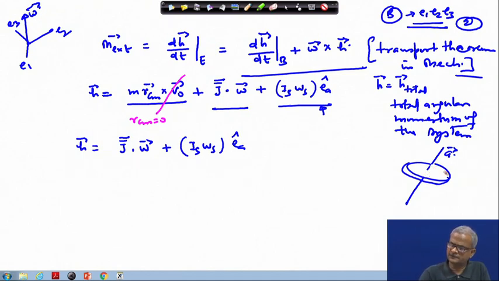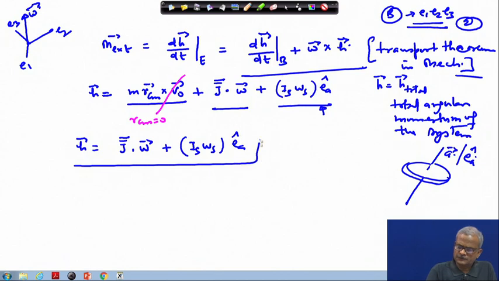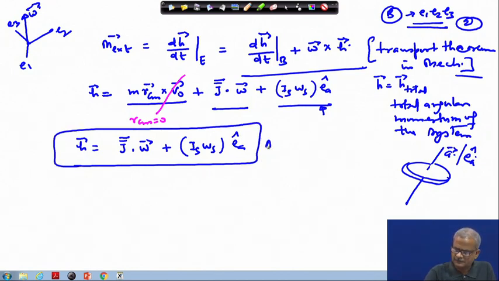So, along its axis, the A vector we have taken, or either we have written as Ea cap, this is the unit vector. So, this is the angular momentum of a gyrostat.